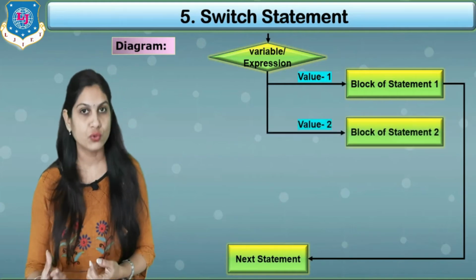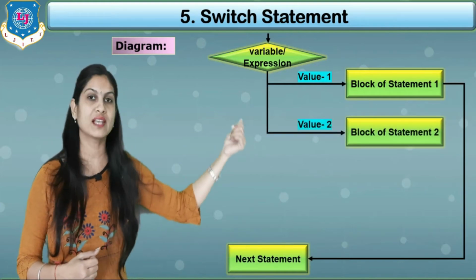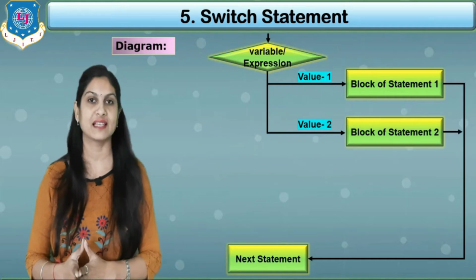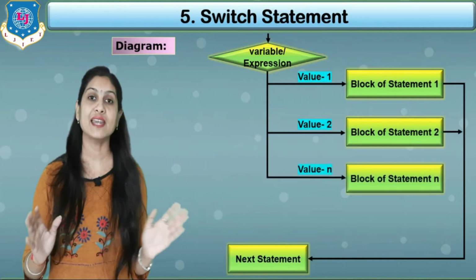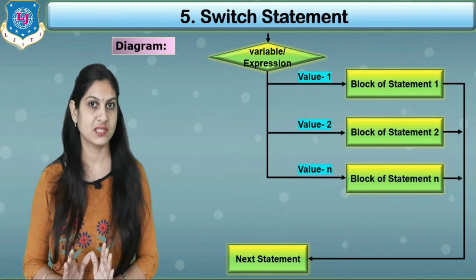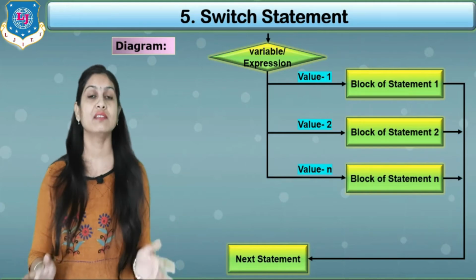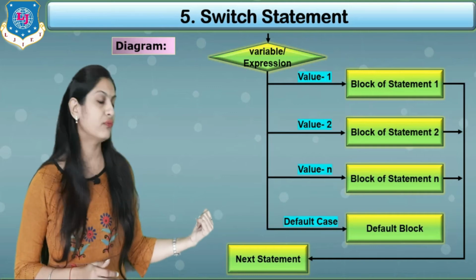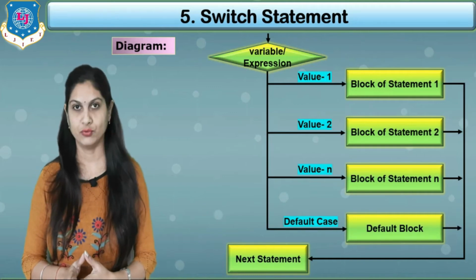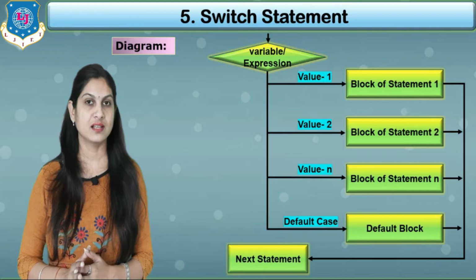Suppose constant value 2 is matched, then block 2 is executed and move to the next statements. Likewise the n number of cases will be possible. And suppose none is matched, then the default statement will be executed. So I hope you understand this concept.